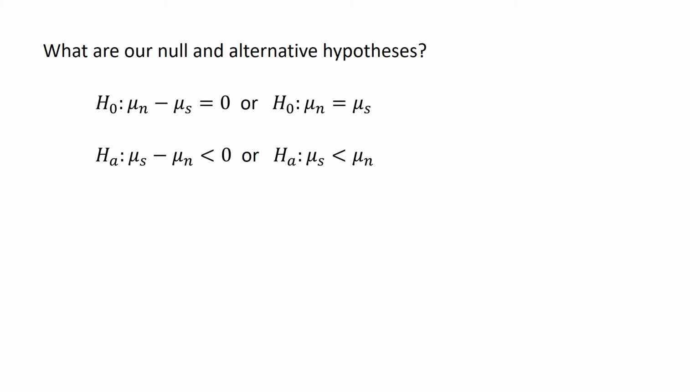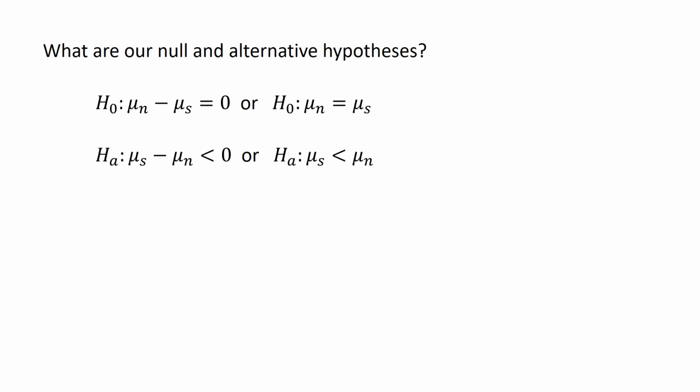Our null hypothesis, our assumption going in, is always that the two populations or the two pairs of samples, the matched pairs, are the same. So we can write that in two different ways. We can have our null hypothesis say the two population means are the same, mu n equals mu s, or that the difference between them is equal to 0.